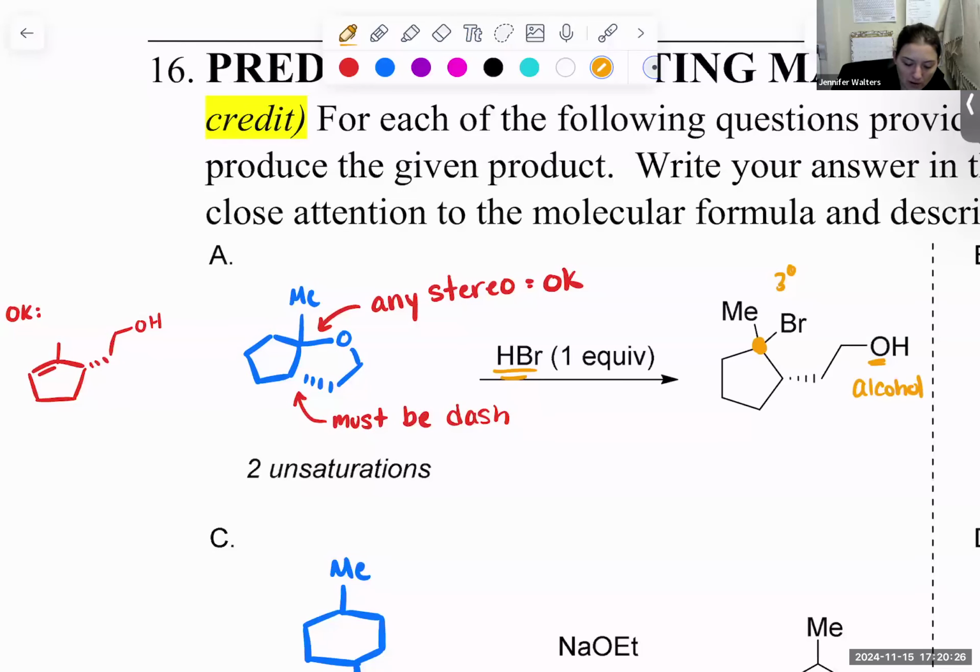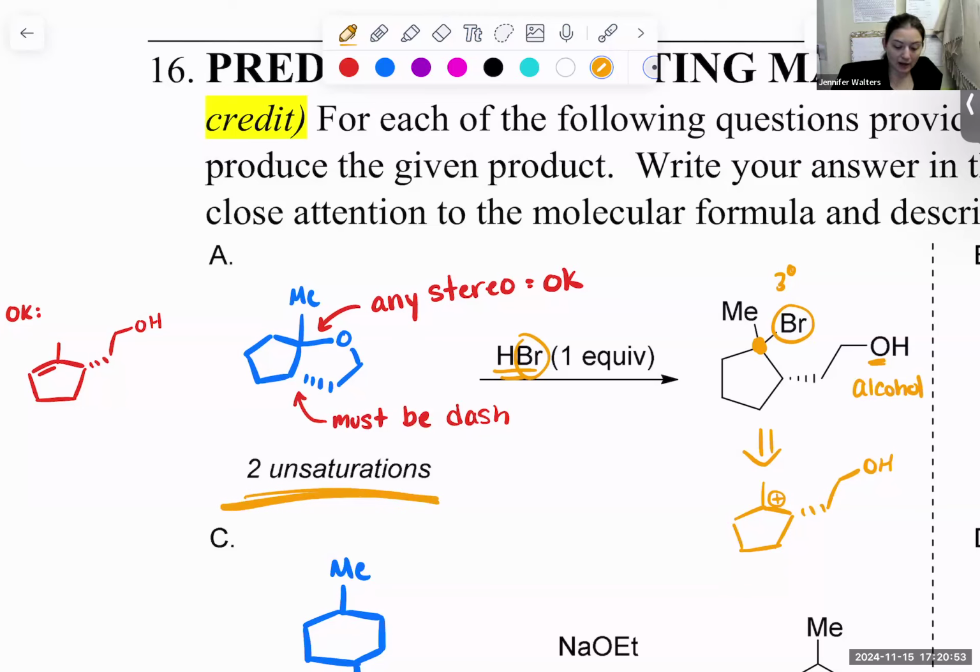And I would have had bromide as my nucleophile. So my retrosynthesis is that bromide was my nucleophile, so I'm going to imagine that I came from potentially this carbocation.